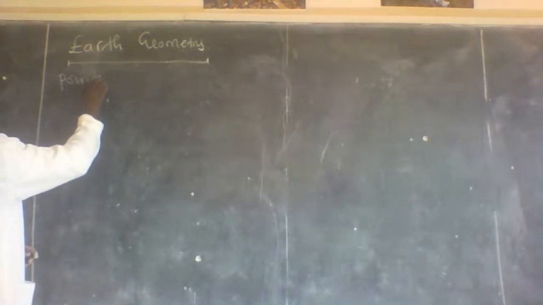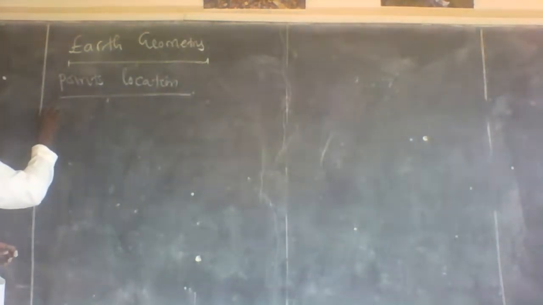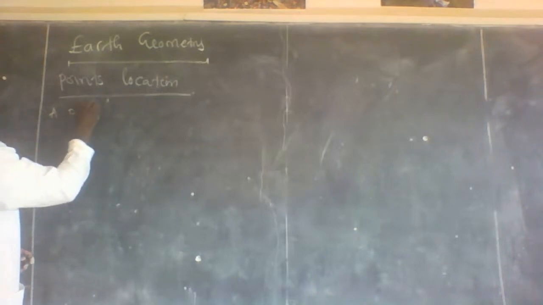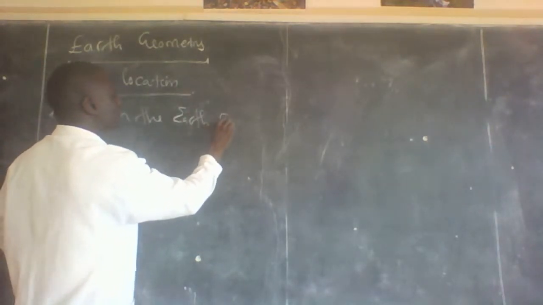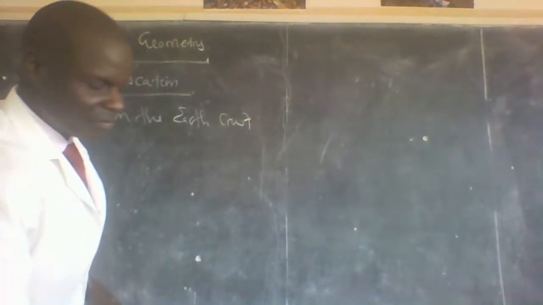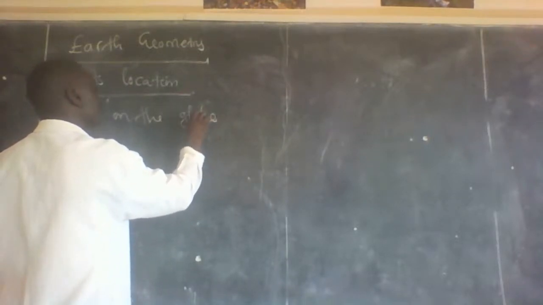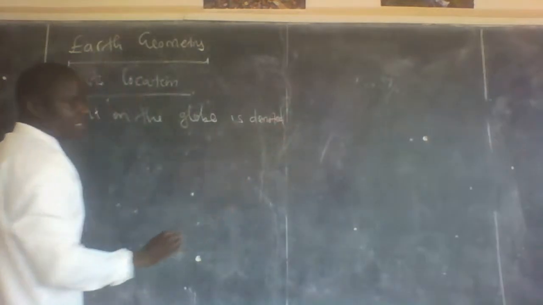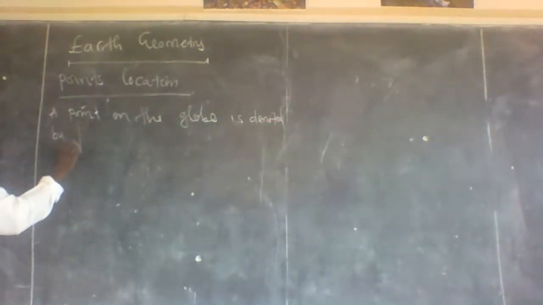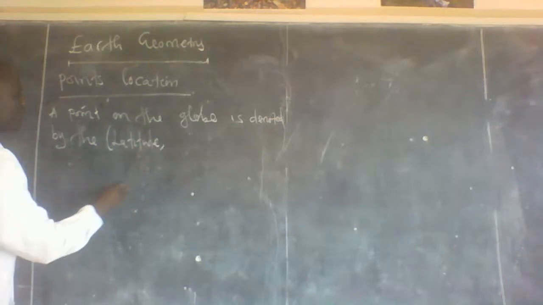A point on the globe is denoted by the latitude, comma, the longitude.